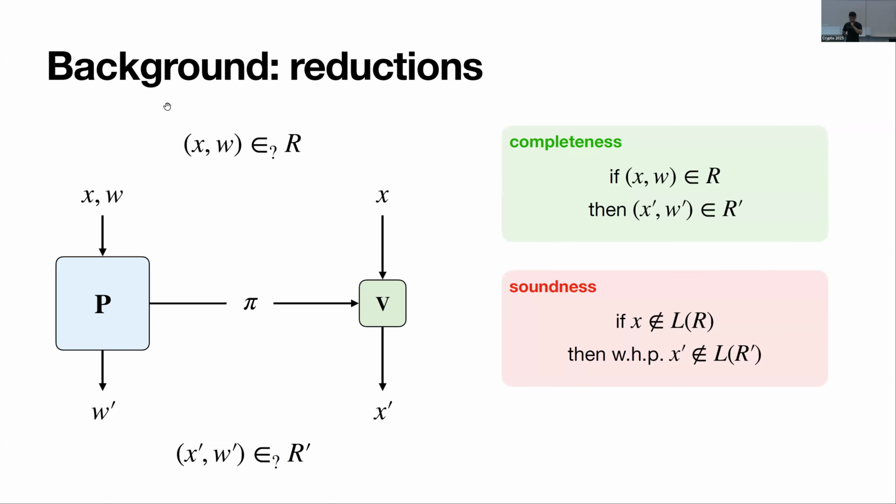Completeness and soundness are analogous to the case in a succinct argument. If the original instance and witness were in the relation, then the new instance and witness will be in the new relation. And for soundness, if the old instance were not in the language, then with high probability, the new instance will not be in the new language. So this is a generalization of arguments.